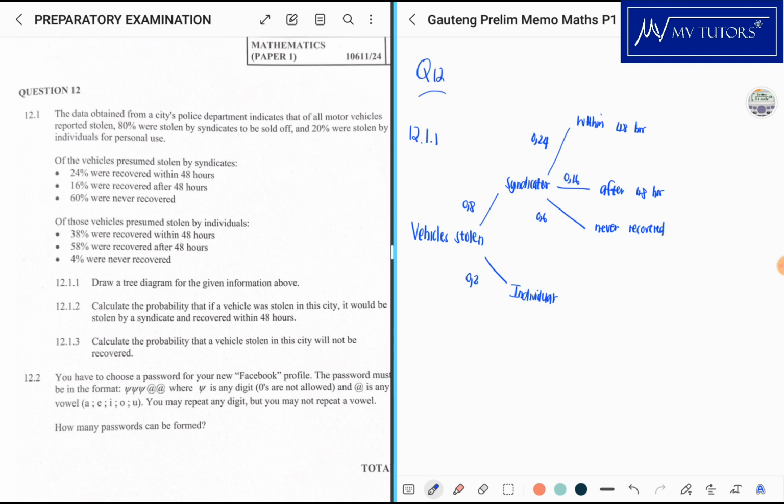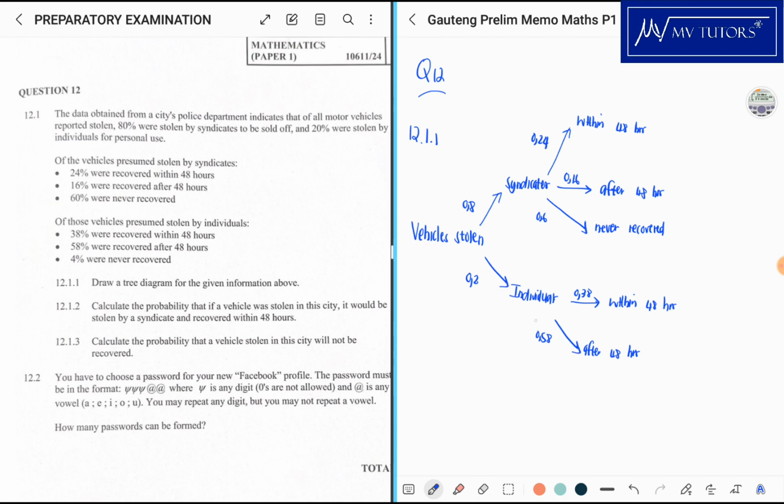Now for individuals, within 48 hours, that is 38%. And put in the arrows. And then after 48 hours, that is 58%. That is quite a good number.